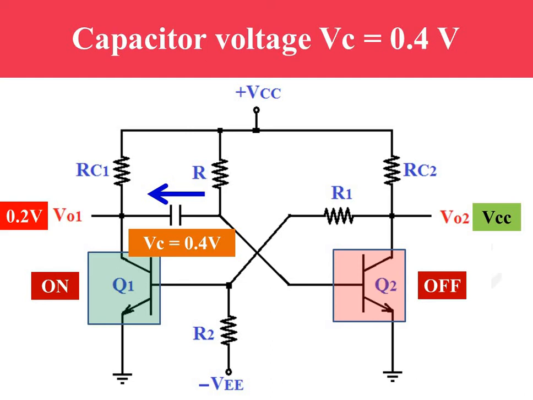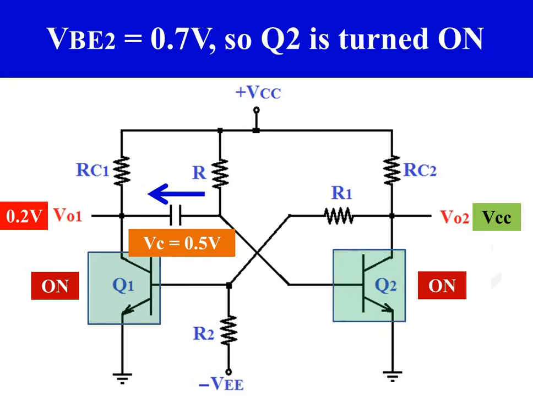Capacitor C continues to charge. So capacitance voltage becomes 0.5 volt. Whenever capacitance voltage becomes 0.5 volt, total voltage between base and emitter of transistor Q2 is equal to 0.5 volt across the capacitance plus 0.2 volt across the on transistor Q1, VCE1. So transistor Q2 is turned on.